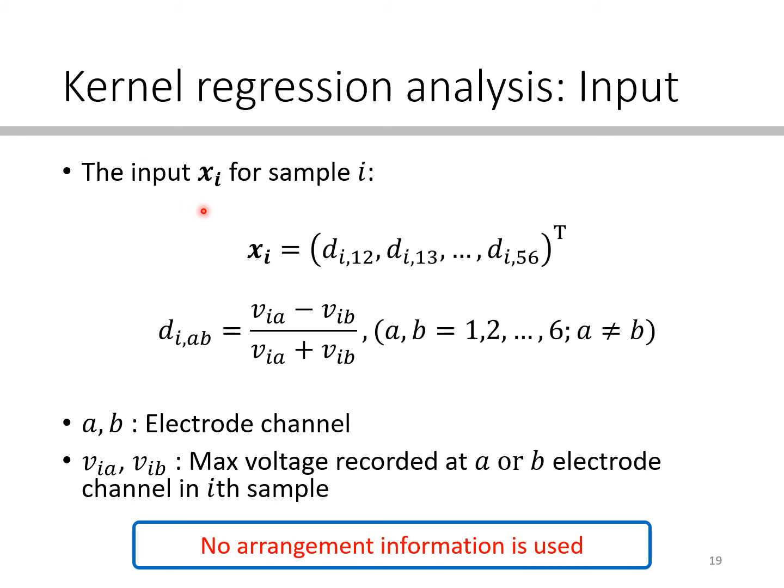Each element is the difference between 2 voltages recorded by 2 different electrodes, and we normalize this difference by the summation of the 2 voltages. We did not use any information about the arrangement of electrodes. Therefore, the input does not depend on the shape of 3D objects.